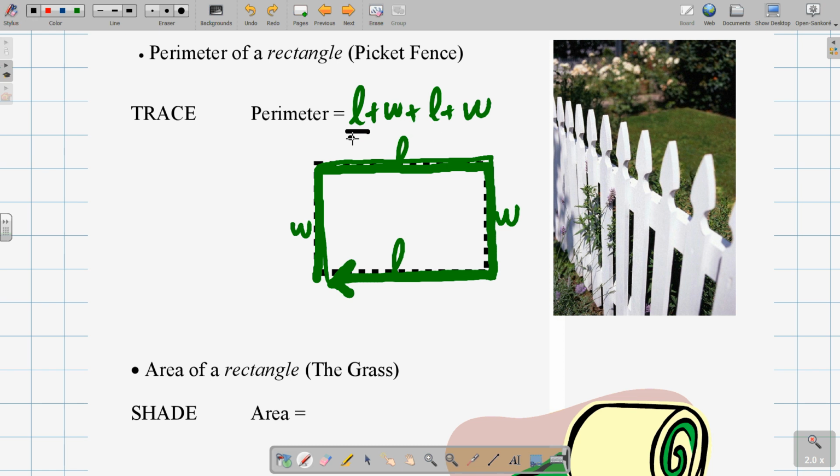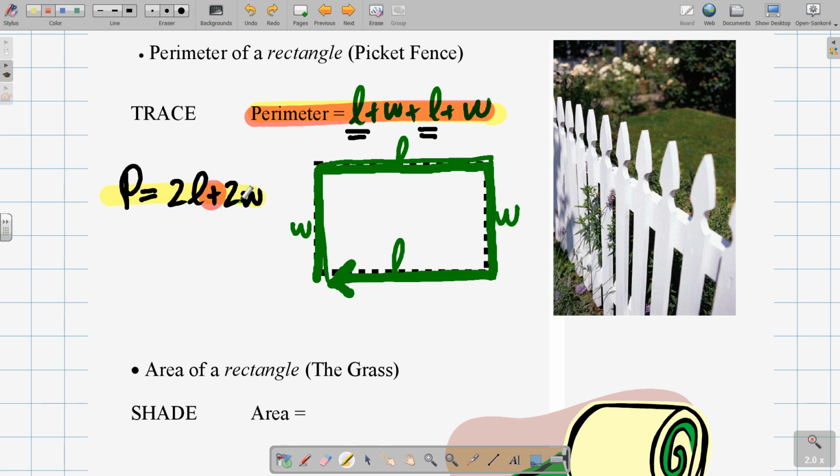Some of you shorten, and you get this: perimeter equals 2 lengths plus 2 widths. Both of these are perfectly acceptable. I personally prefer the first one because very often with the second one, students drop that plus sign and they just multiply everything, which is incorrect for perimeter.